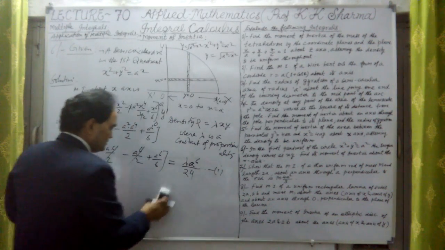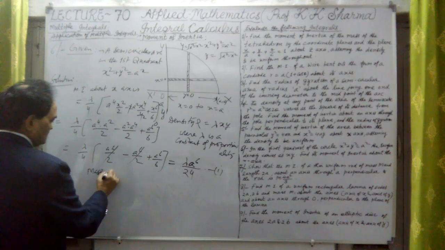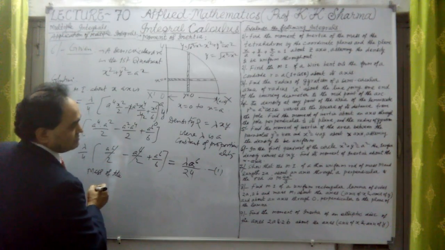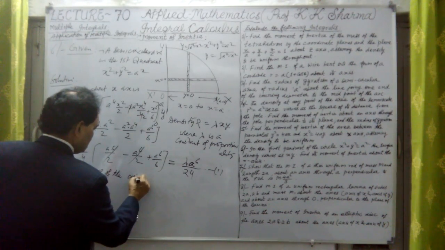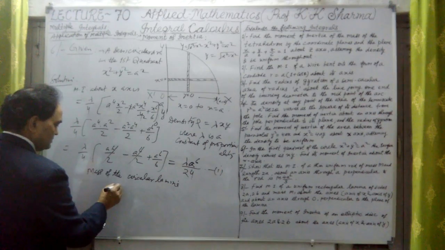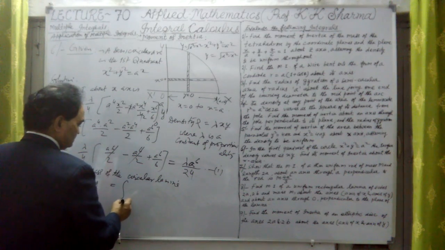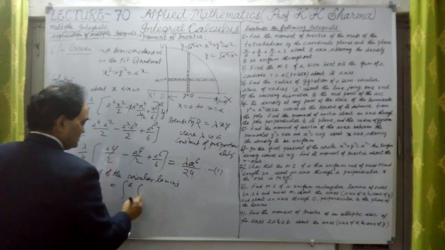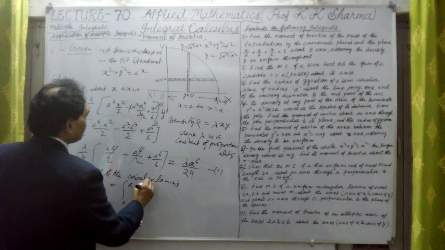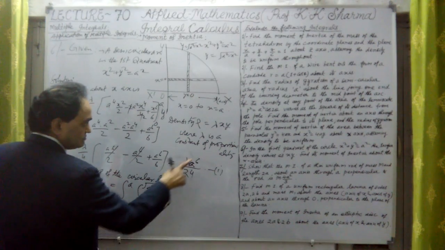Now, if we have to find out the mass of this circular lamina, it is given by, if I find out the mass, then mass equals the integral with the same limits, x limits 0 to a, y limits 0 to under root a square minus x square, of lambda xy.